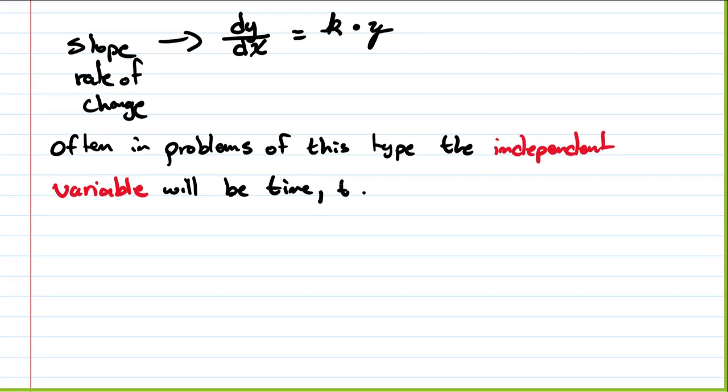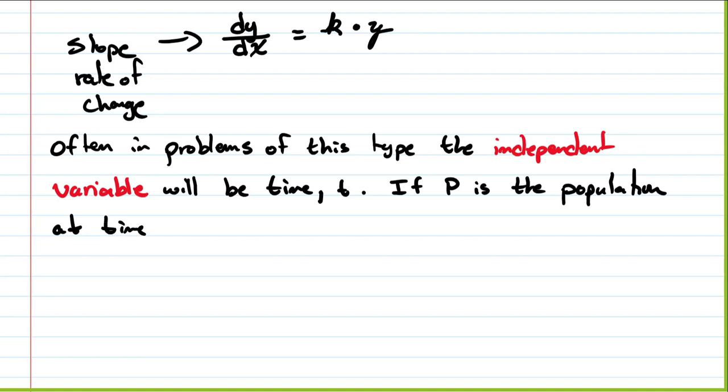And we'll denote that with t. So if P is the population at time t, then we get this version of the differential equation. dp dt is equal to k times p.